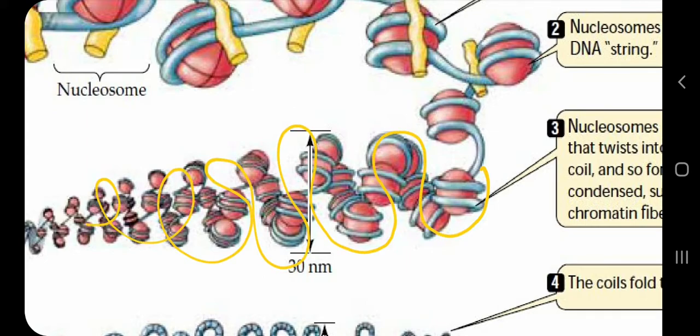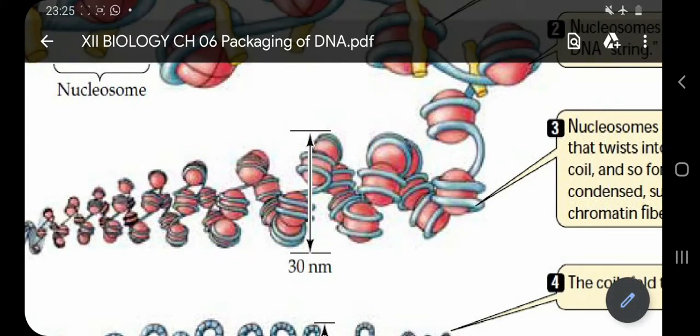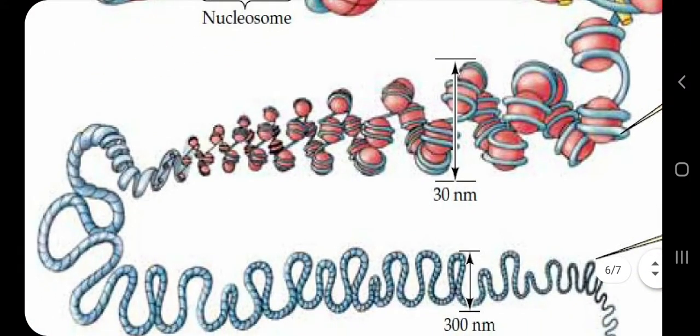This is what we call the 30 nanometer fiber. Why 30 nanometer fiber? Again, because of the width. Because of the width, we can say this is 30 nanometer. So 2 nanometer is the DNA, 11 nanometer is beads on string, octamer plus DNA, and of course the H1. Now the 30 nanometer fiber.